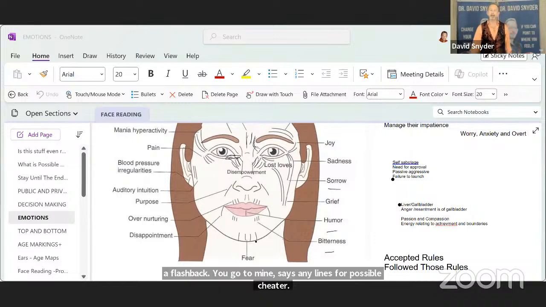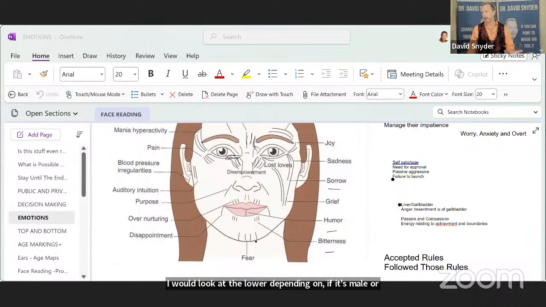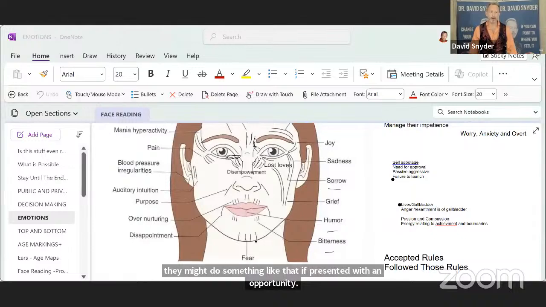Yoda Mind says, any lines for possible cheater, or is that different? I do not have one. For potential cheaters, depending on if it's male or female, I would look at the lower lip. If it's very big and very flaccid, there's a good chance they might do something like that if presented with an opportunity.